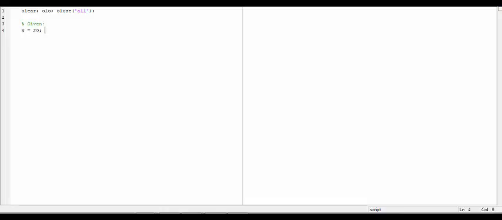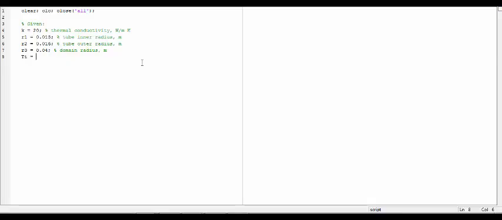So we know the thermal conductivity is 20. We know the radius of the inside of the inner tube is 0.013. We know the outside of the tube is 0.016. And we know that the entire domain is 0.04.